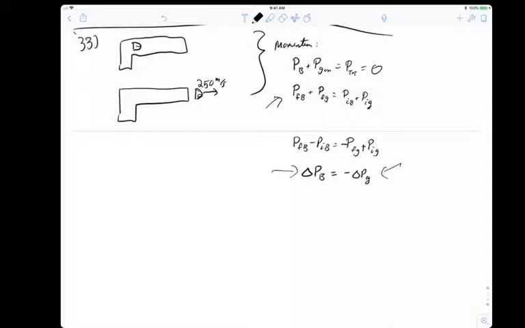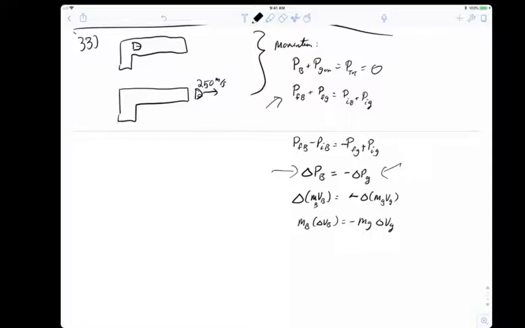Okay, so then what? What does this have to do with acceleration? So delta (mv) bullet is equal to minus delta (m v) gun. And the masses of the two objects aren't changing. So m_b delta v_b is equal to minus m_g delta v_g, and then I can divide them.